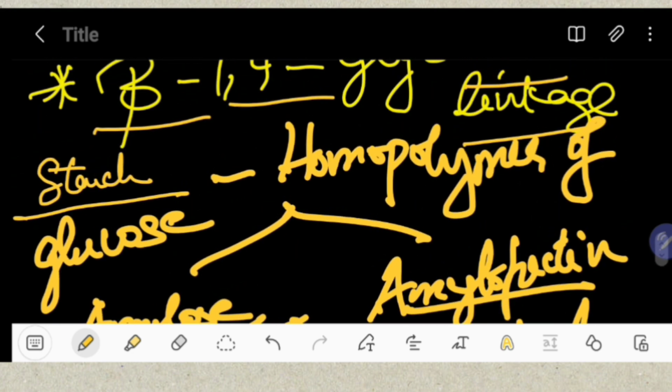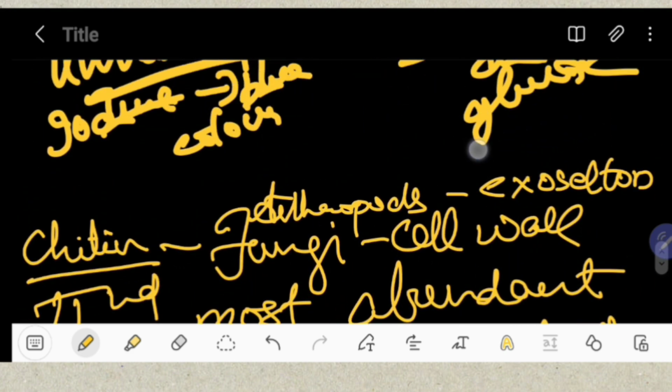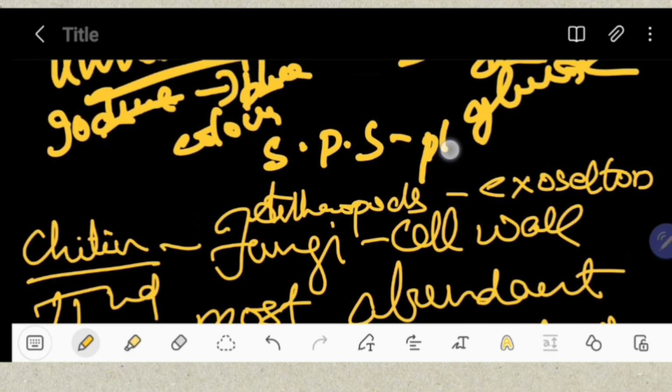It is a homopolymer made up of only glucose. It is the storage polysaccharide in plants. In animals, it is glycogen. The storage polysaccharide in plants is starch.